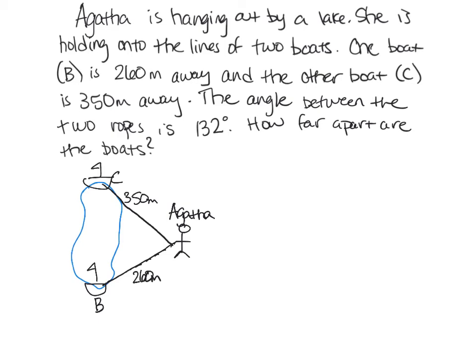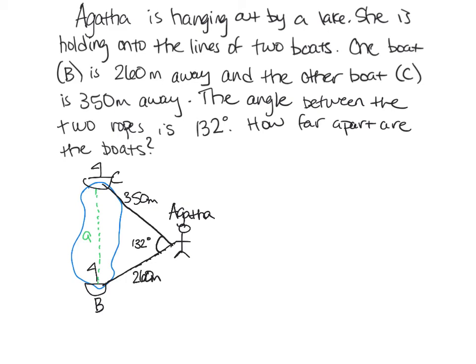Then it says the angle between the two ropes is 132 degrees. So it's where Agatha's holding onto the ropes. These two ropes right here, that angle is 132 degrees. Now the question is, how far apart are the boats? So like these boats right here, how far apart are they? Since it's across from Agatha, let's call that length A.